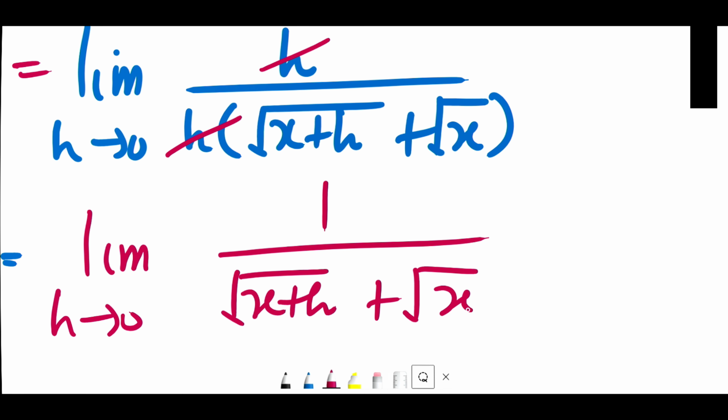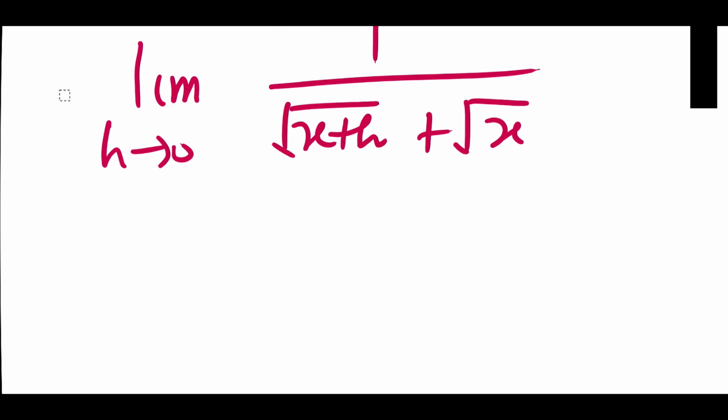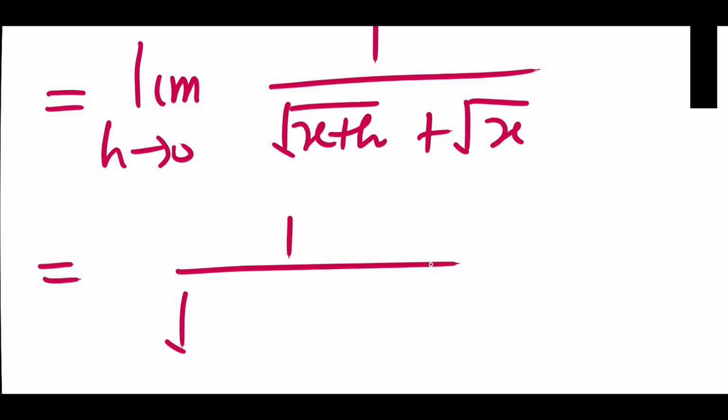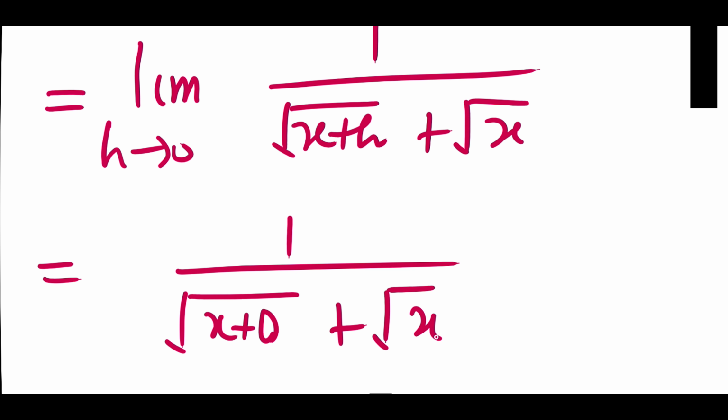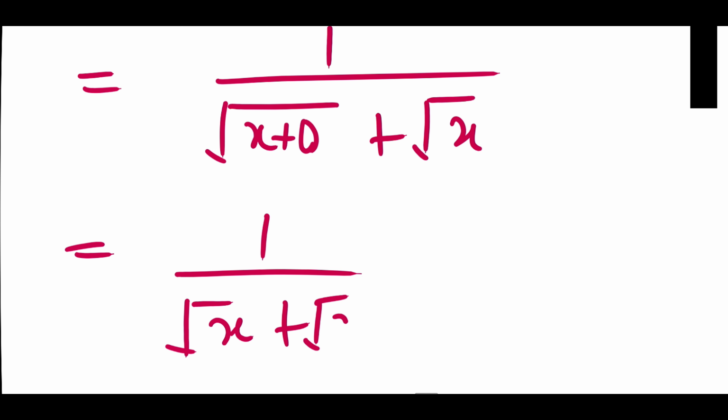Right. So you can now take the limit of what you have. So you'll be having 1 divided by square root of x plus 0, because you are replacing h with 0, plus square root of x. So you'll be getting 1 divided by square root of x plus square root of x.